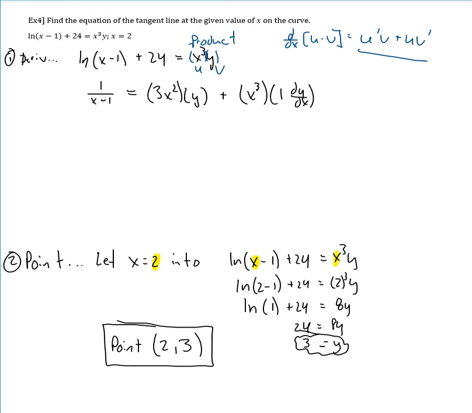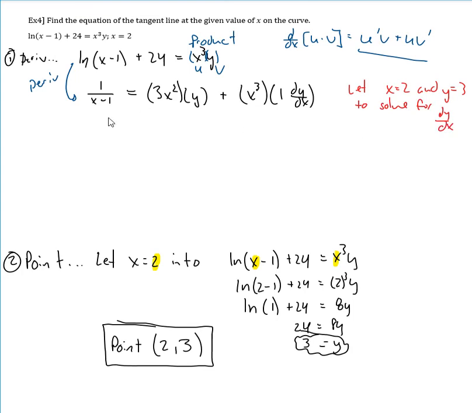So we did the derivative, and I forgot to do it in blue, so that was the derivative. And in our next step, we're going to let x equal the original 2, and y equal 3, which we just found, so that we can solve for dy dx. Let's plug those in.